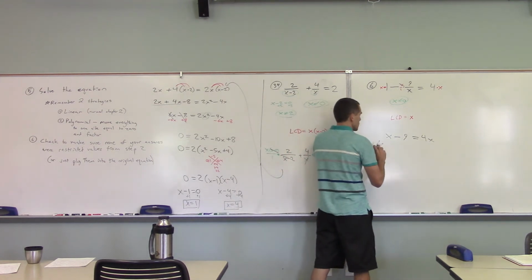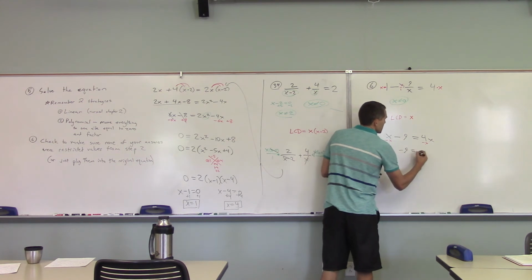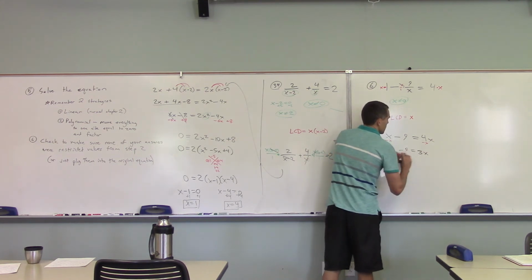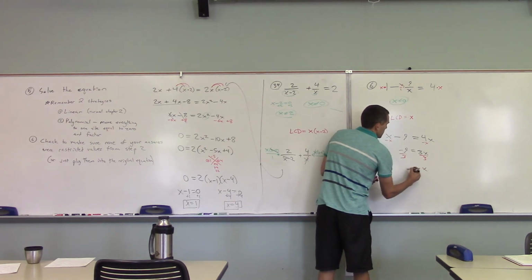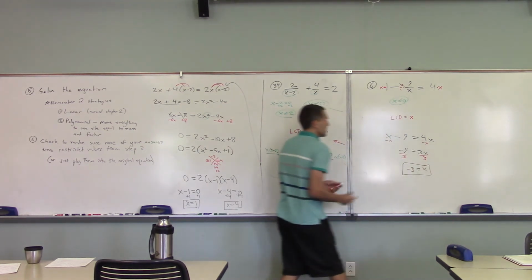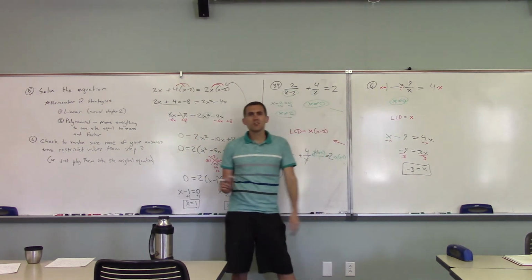Let's get all the x's to one side, so minus x, negative 9 equals 3x, divide by 3, divide by 3, x is negative 3. That's not our restricted value, so that's our answer.